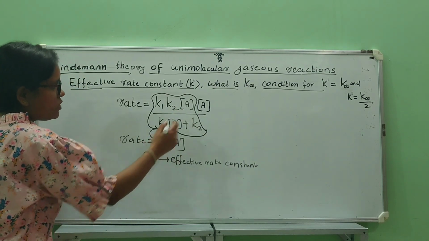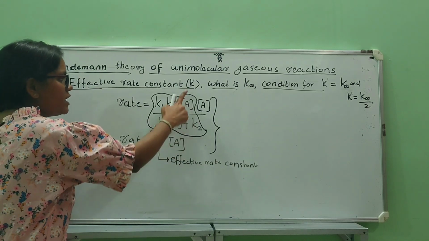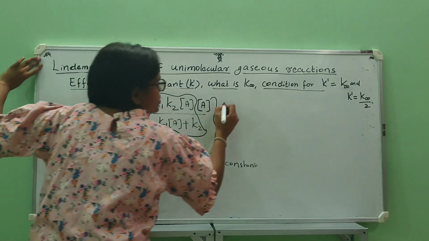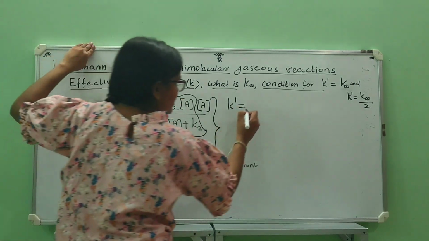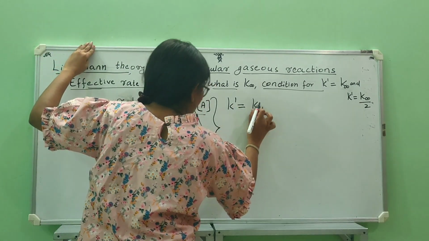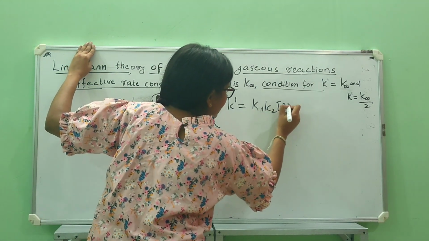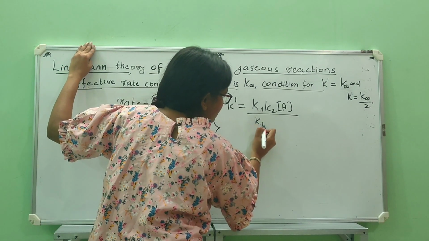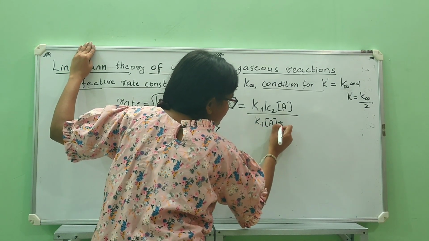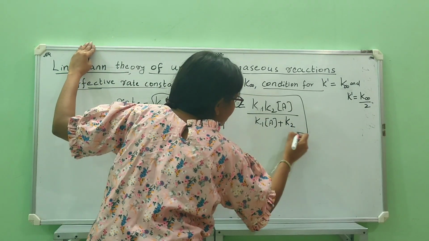I can do that, right? On comparing these two equations, I can get K dash equal to this term, right? So I'll write it here. K dash is equal to K1, K2 into A by K minus 1 into A plus K2. So this is the equation for effective rate constant.